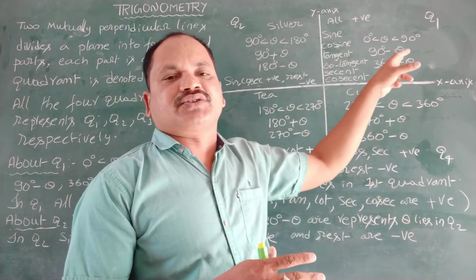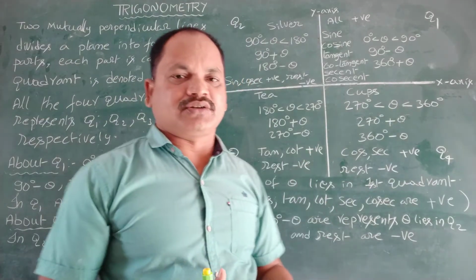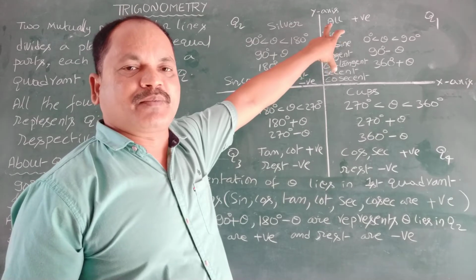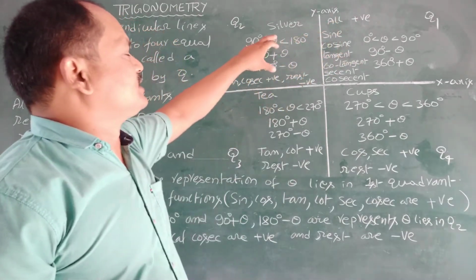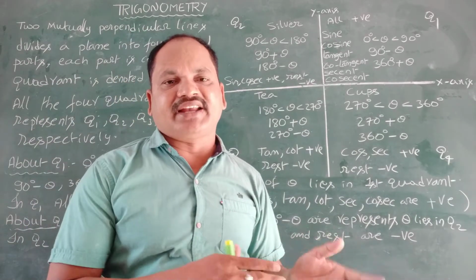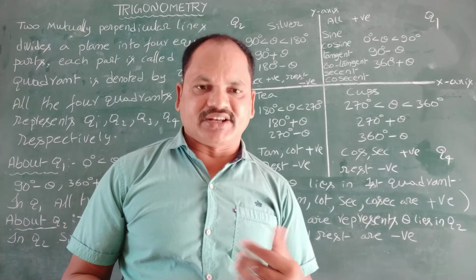Why are they positive? Why are some functions negative? I can explain in the next part. That's why here all trigonometric functions are positive. In the second quadrant, sine and its reciprocal cosecant are positive. Rest of the functions are negative.